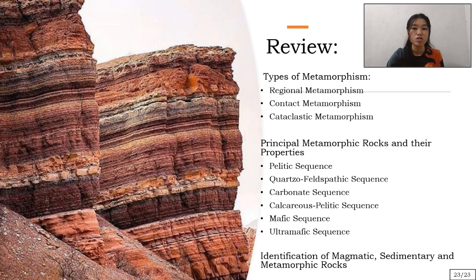And lastly, the ultramafic originates from the mantle, is rich in minerals, and goes through a state of disequilibrium when folded into mountain chains. The identification of magmatic, sedimentary, and metamorphic rocks uses a series of questions and a flowchart to identify what type of rock it is.